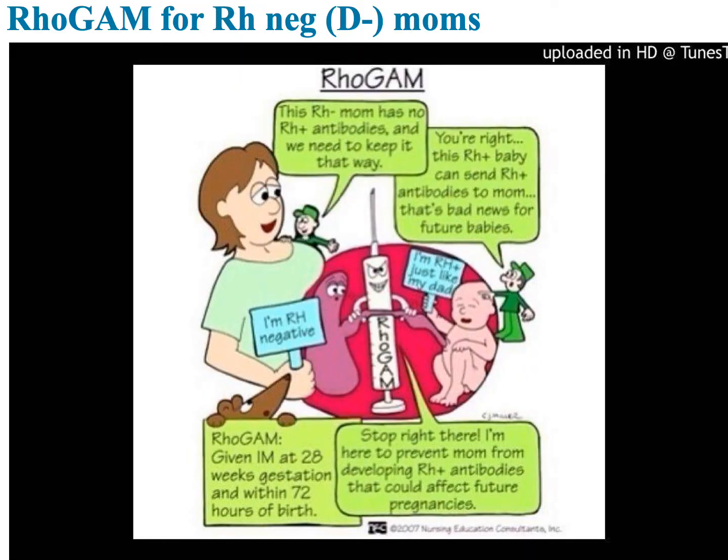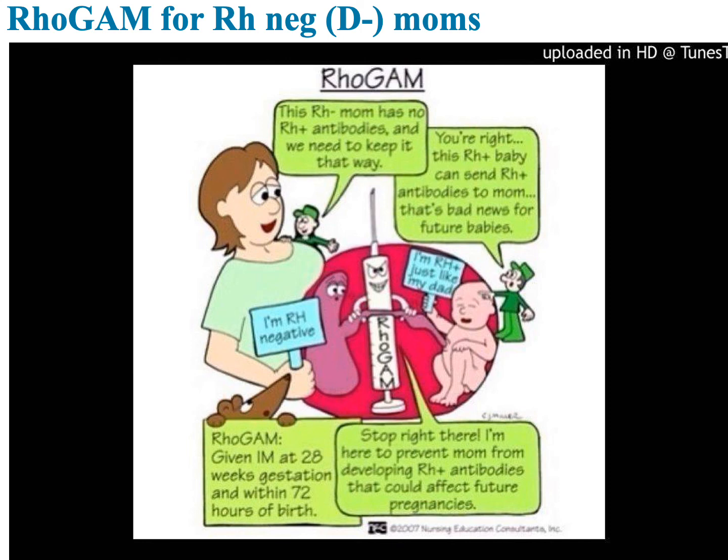If you're Rh negative, you actually don't have antibodies to the Rh factor unless you meet some blood that has Rh antigen. How's this going to happen?